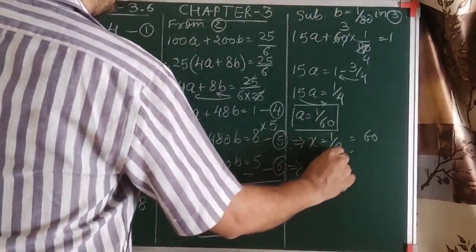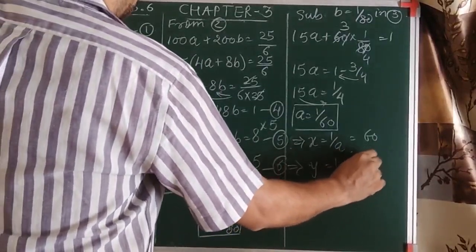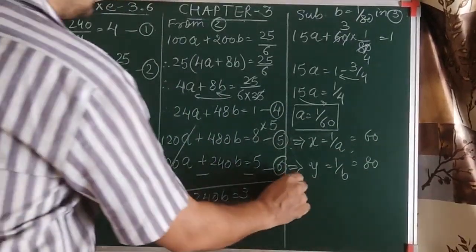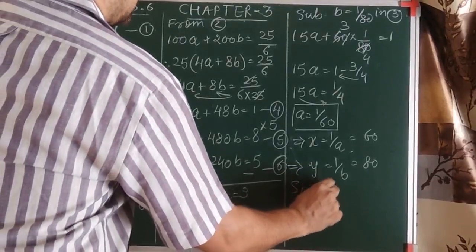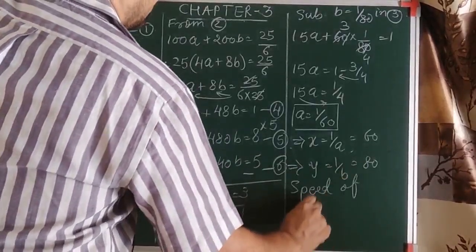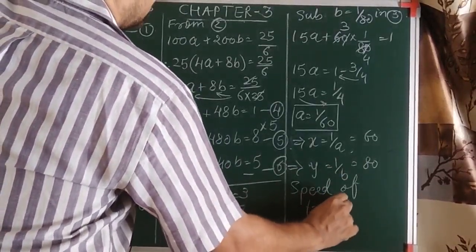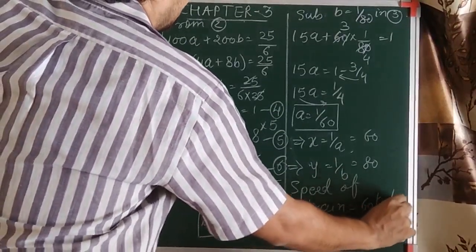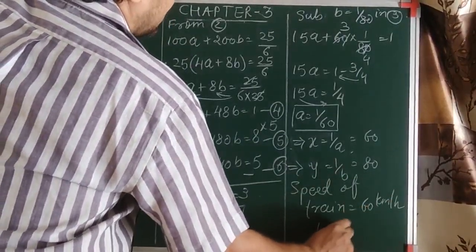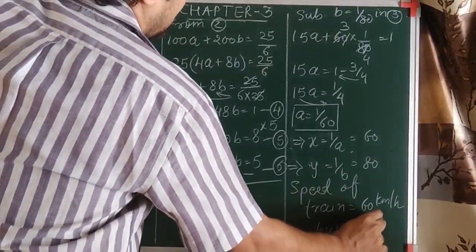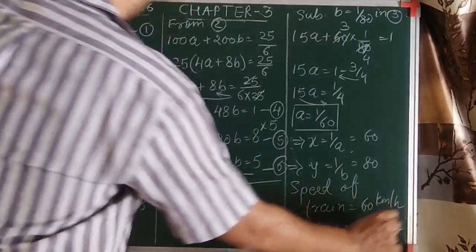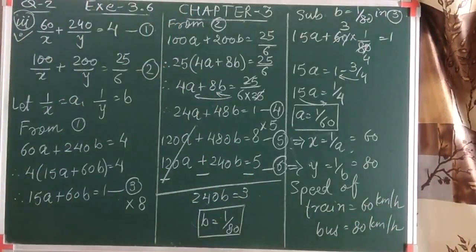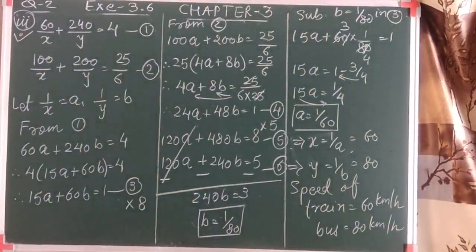And y is 1 by b, so the value of y is 80. So at the end we come to the conclusion that the speed of the train, which we supposed x for, is 60 km per hour, and the speed of the bus, that is y, is 80 km per hour. So remember students, it is a very important question.